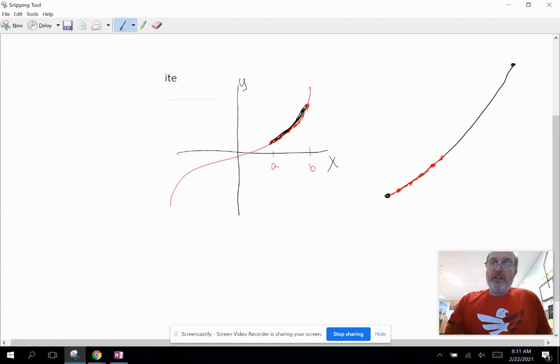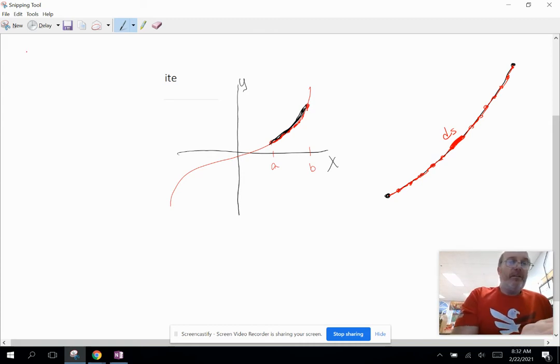If we could make those infinitesimally small and add them all together, we would get the length of that curve. And so what I want to do is now take out one of these little pieces. We're going to call this one piece ds, or the change in arc length.